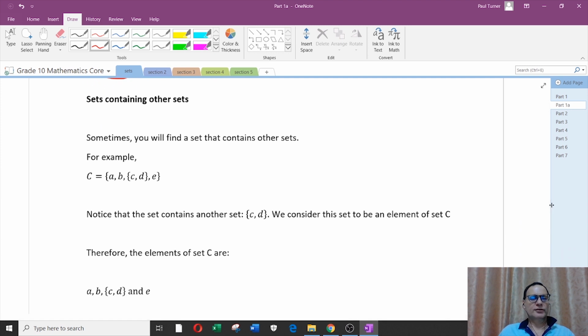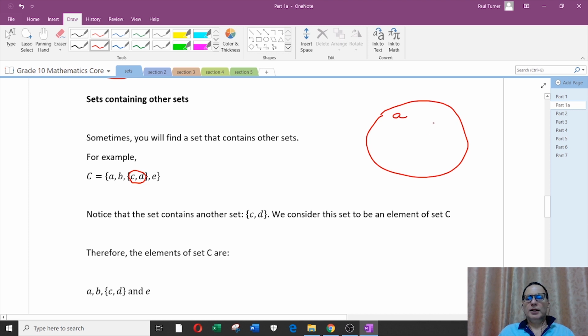You'll find some questions where you have sets within another set. So for example, if we drew that out, we've got A, B, and a little set here, CD.